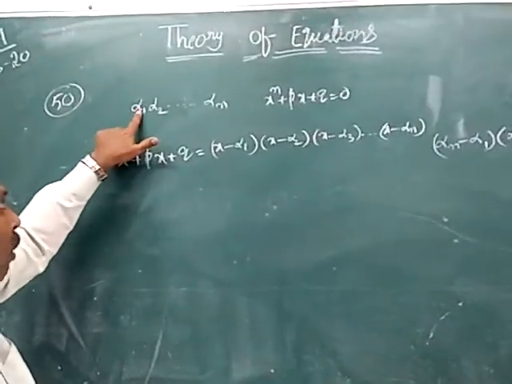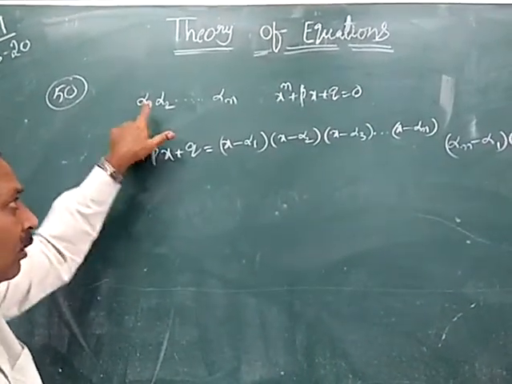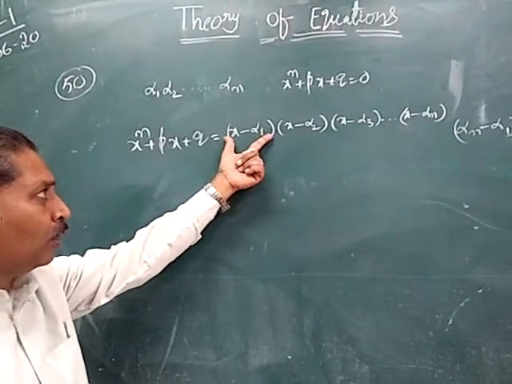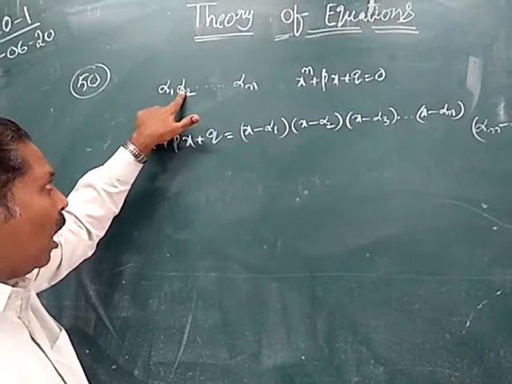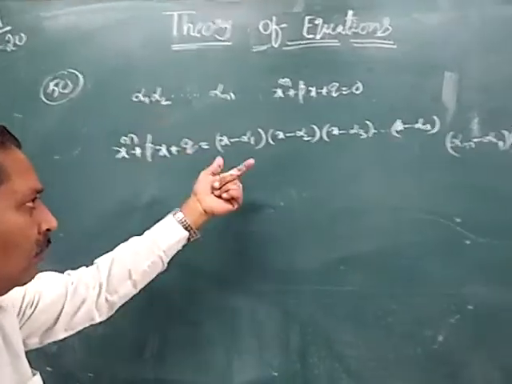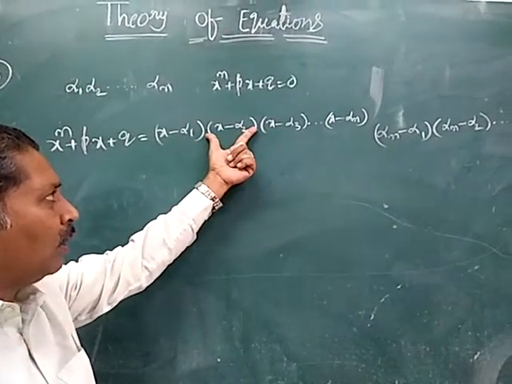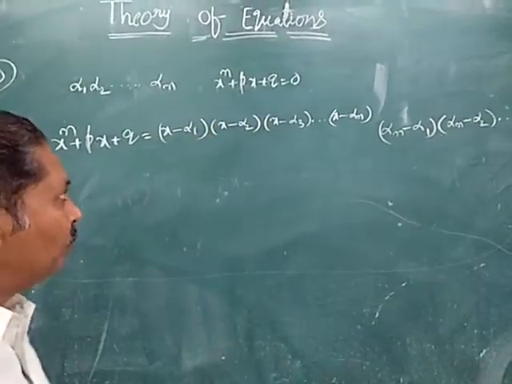So alpha 1 is a root, so x minus alpha 1 is a factor. Alpha 2 is a root, so x minus alpha 2 is a factor, and so on.